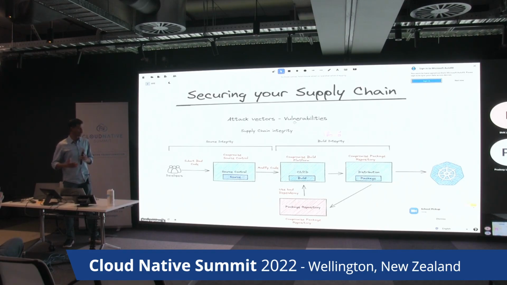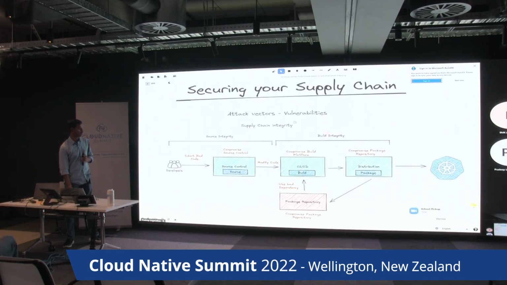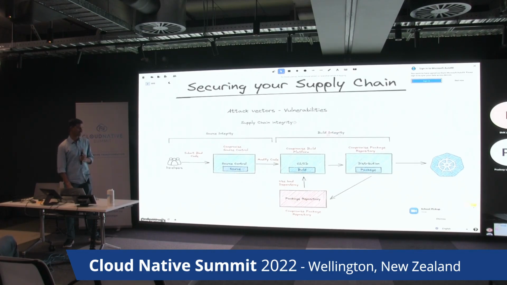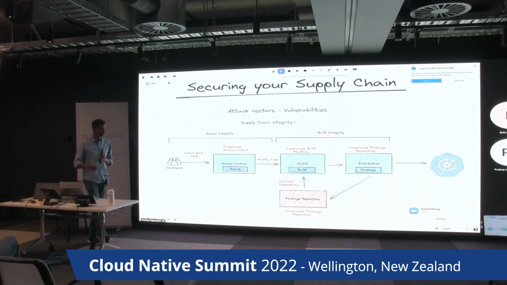In a lot of cases, source gets modified between your CI/CD pipeline and your source control, which again impacts your source. Within the build integrity, we have seen build platforms themselves being compromised and malicious code being injected into your build platform itself. From a package repository perspective, there are a lot of instances where an organization's package repository has been impacted and the packages or the build artifacts being generated through the build system have been impacted.